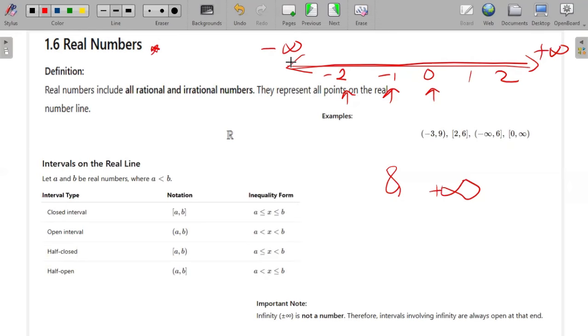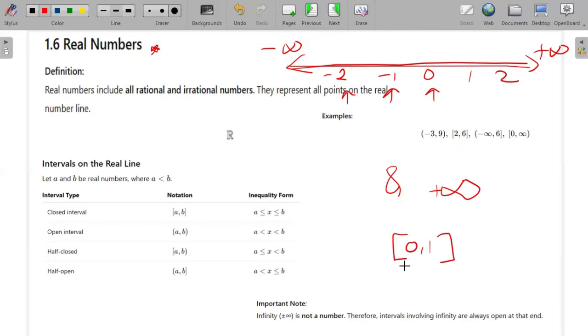But in any interval, there are uncountable numbers. If I write the interval from 0 to 1, the numbers between 0 and 1, you can never count them. They are endless. There are infinite numbers there.